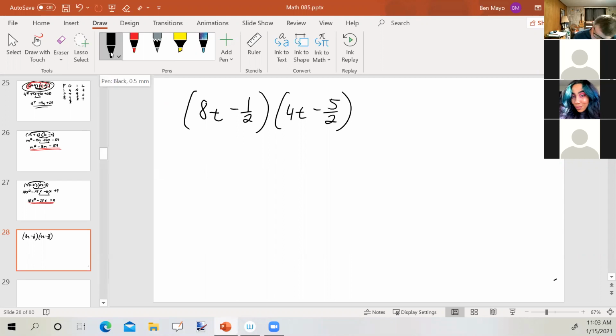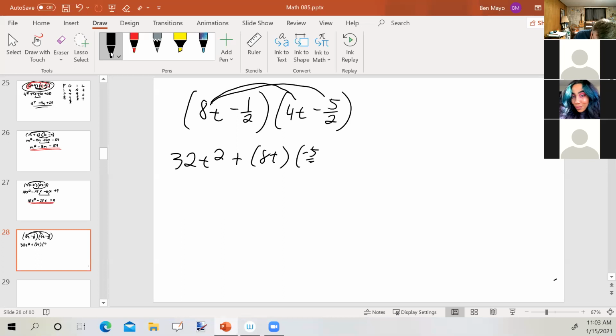Here we go. So we're going to take 8t times 4t, which is 32t squared. Then we're going to take 8t times minus 5/2. I'm going to write plus 8t times negative 5/2.